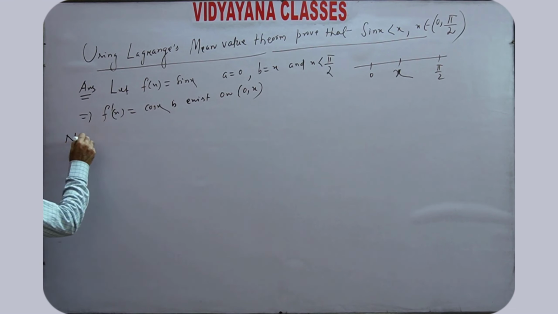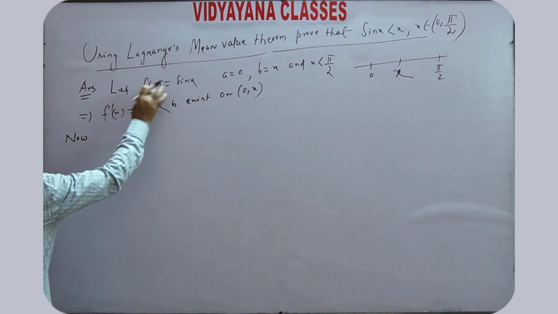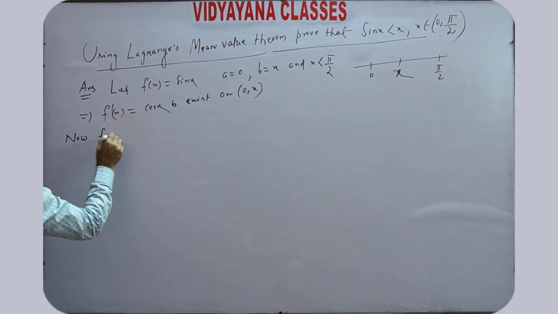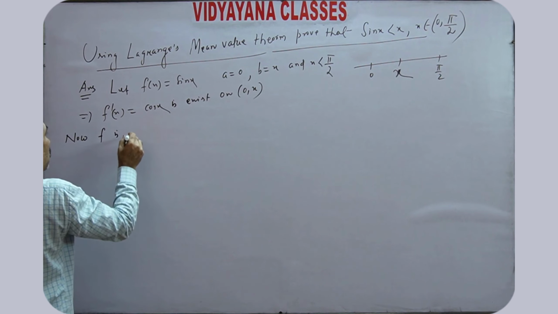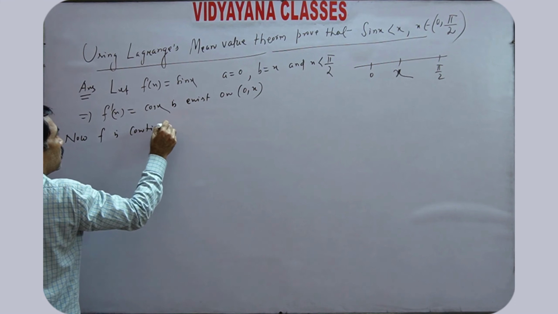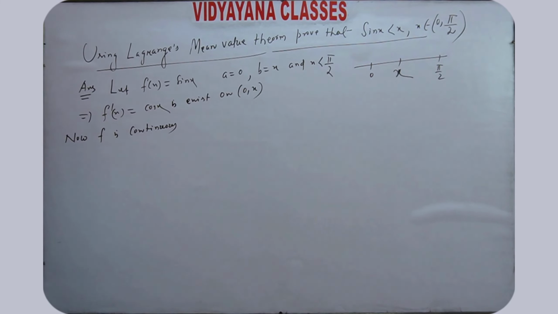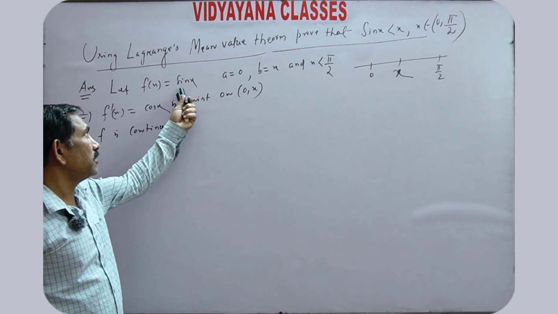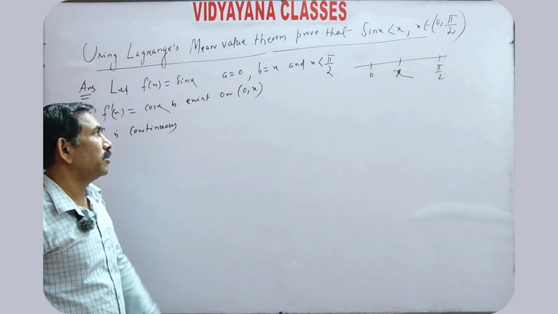Now f(x) equal to sin x. f is continuous. Sin x is continuous on 0 to pi by 2.